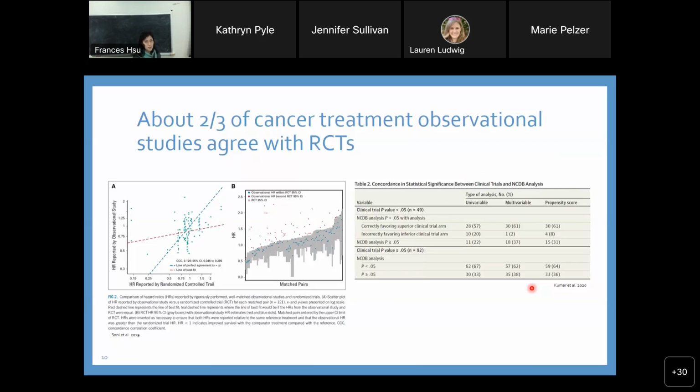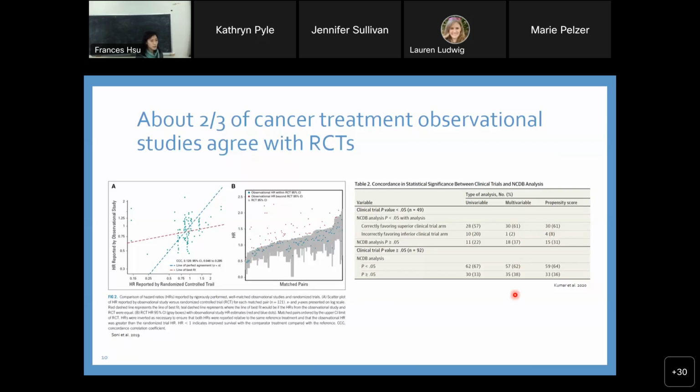Using a more crude assessment of p-value, only 61% of multivariable NCDB analysis correctly favor the same arm as the clinical trial, and similarly, only 61% from propensity score adjusted model finds the same conclusion. And interestingly, you have some that actually favor the opposite arm as from the clinical trial.